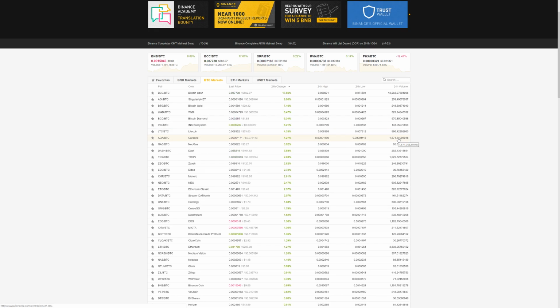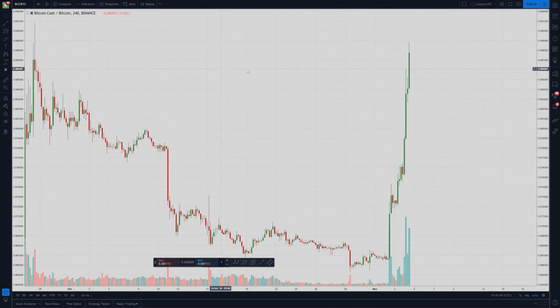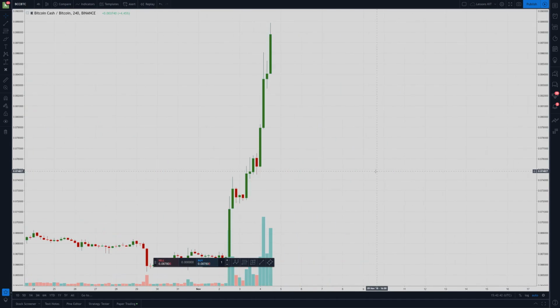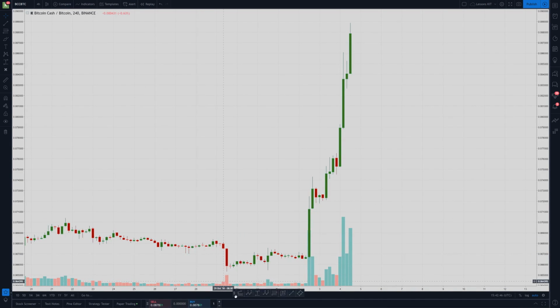I would, first off, open a chart of the coin. So I'd go to TradingView and look at Bitcoin Cash, what it's been doing and where it is. Remember, on Binance, we can only go long, so the strength of the uptrend is extremely important.